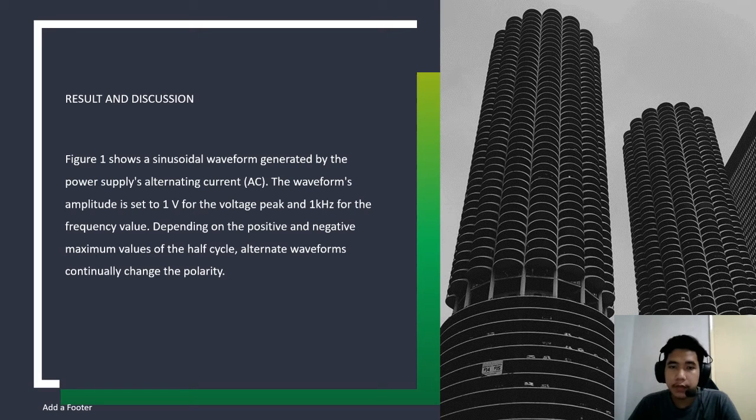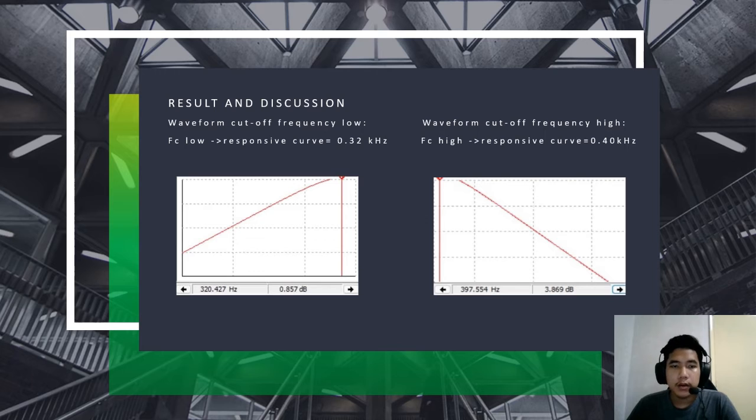Depending on the positive and negative maximum values of the half cycle, alternate waveforms continually change their polarity. On the left side, the waveform cutoff frequency low, we get Fc low equal to 0.32 kHz. On the right side is the waveform cutoff frequency high, Fc high equal to 0.4 kHz.